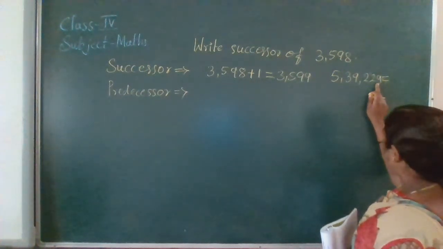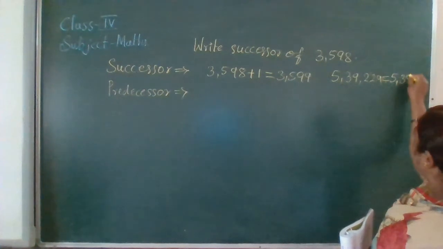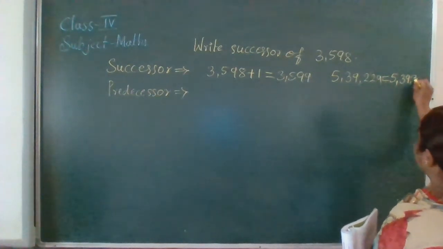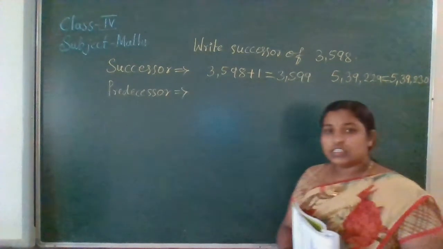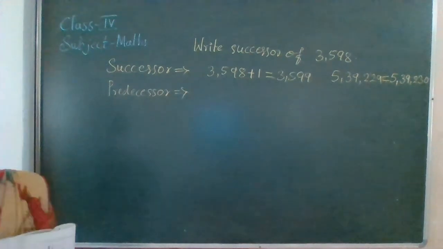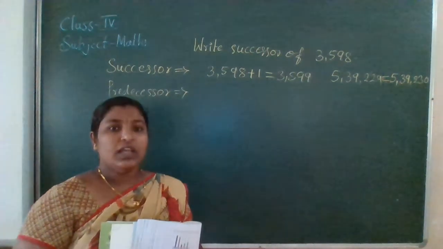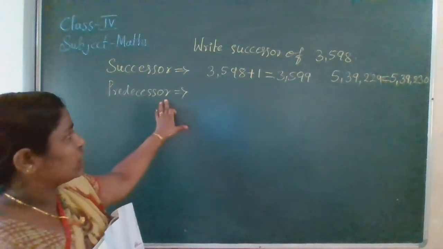So if we add, it will become 5,39,230. Okay, this is the successor of 5,39,229. Next, what is predecessor?